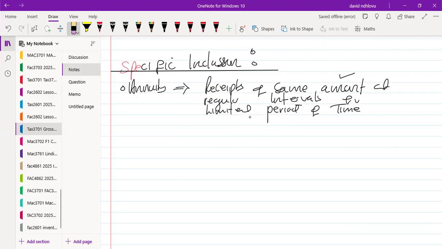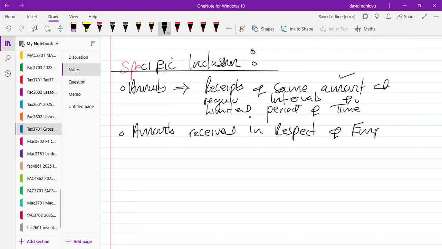Right, number two, we also have amounts received in respect of employment for individuals, or in respect of service rendered, or holding office.